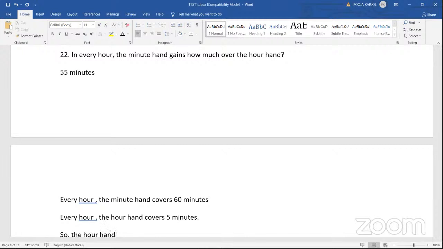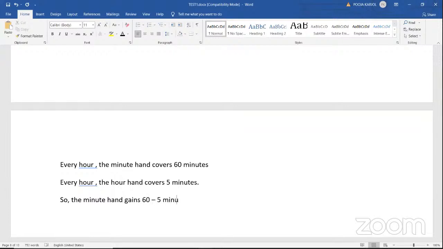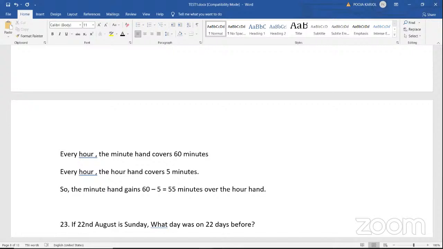Yes, ma'am. Again, if you guys haven't understood this, leave it for now. When we do clocks and calendars, it will be plenty understood.